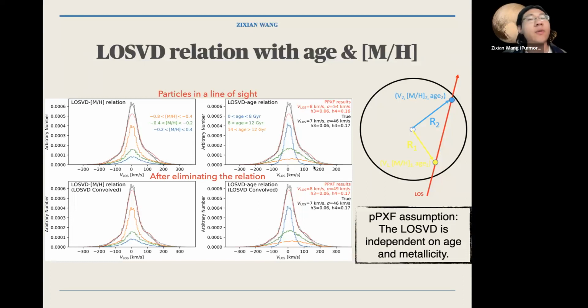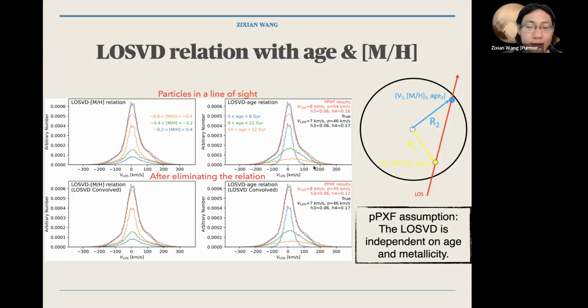For the current stage, if you want to use pPXF, I don't think there's anything you can try to improve, because it requires some intrinsic code modifications in pPXF. You can't just use the current pPXF code to fix this issue. You need to change some of the lines and some of the basic algorithm to do that.